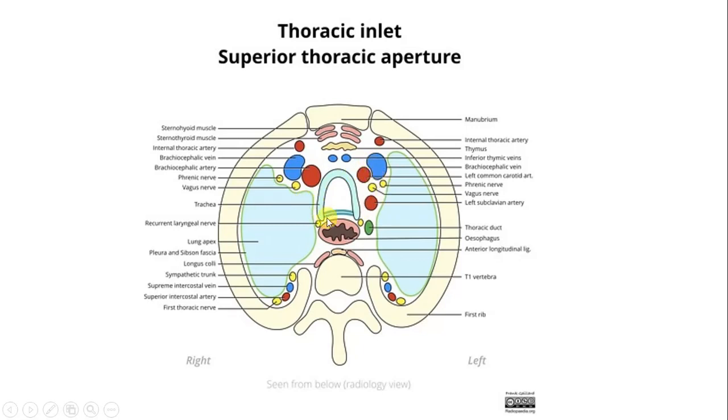In my opinion, this diagram is very important from the examination point of view also, because very often a question is asked on the structures present at the thoracic inlet or superior thoracic aperture. So you can easily recall the structures present, and if you draw it yourself and then label it, you can very easily understand the structures at the thoracic inlet.